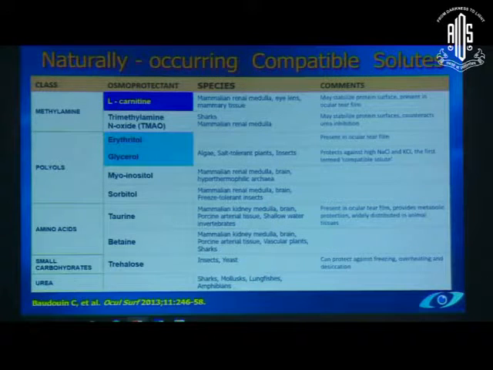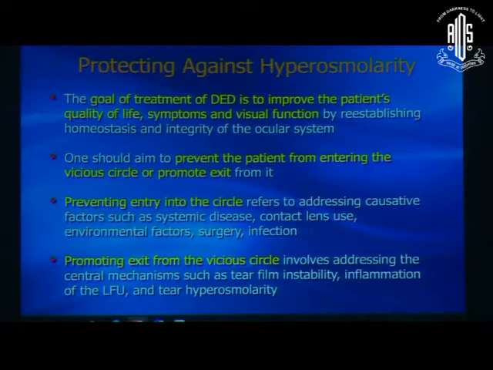And this is the concept that has now essentially over the last 7 or 8 years since it was mooted and published, taken hold, and now we have a spate of drugs and lubricants available which are following these norms. So these are just a list of some of the osmoprotectants that are available. L-carnitine, erythritol, and glycerol you've all heard of, which are largely available, but there is a whole host of them that are there.